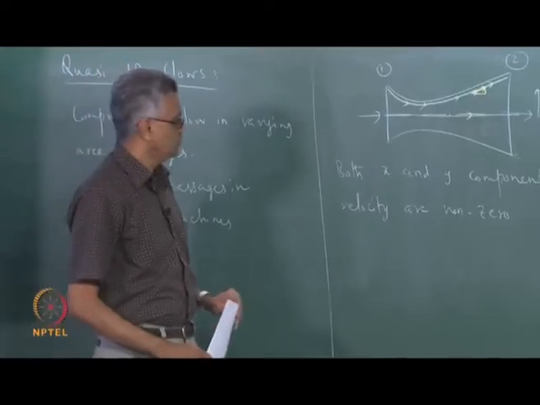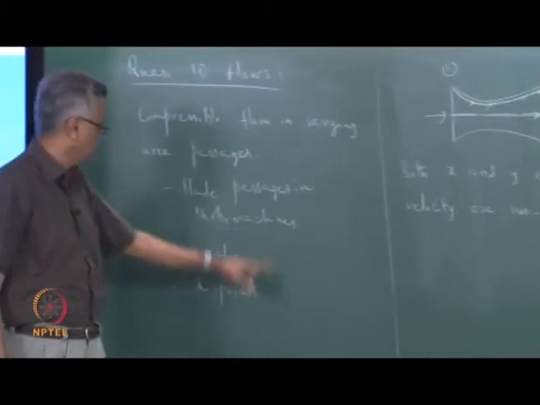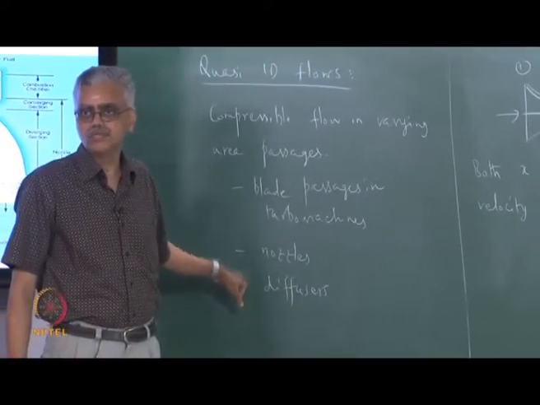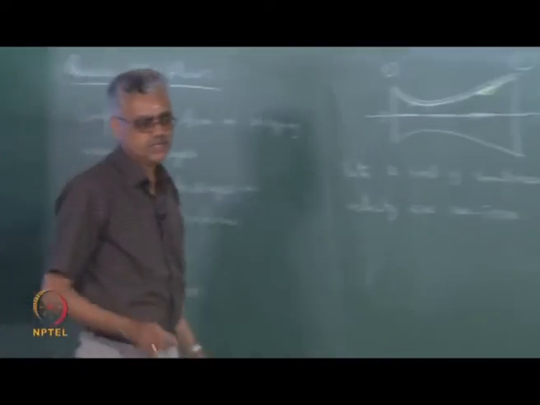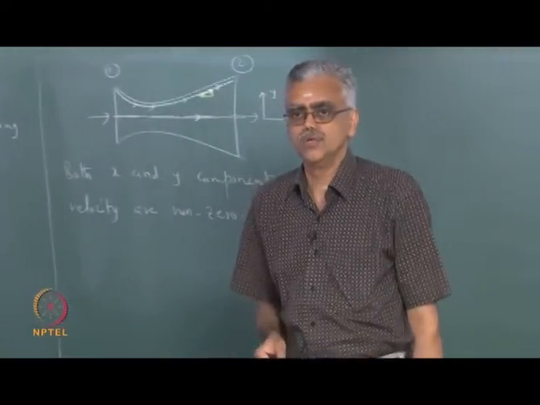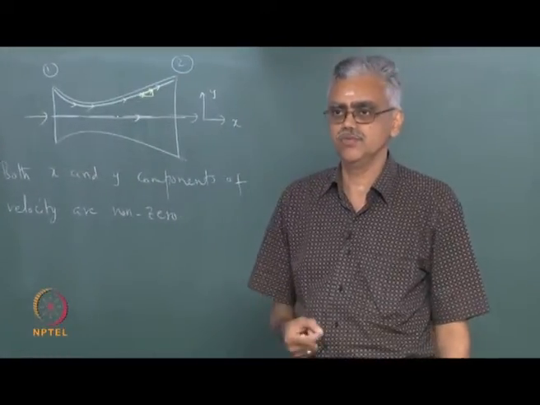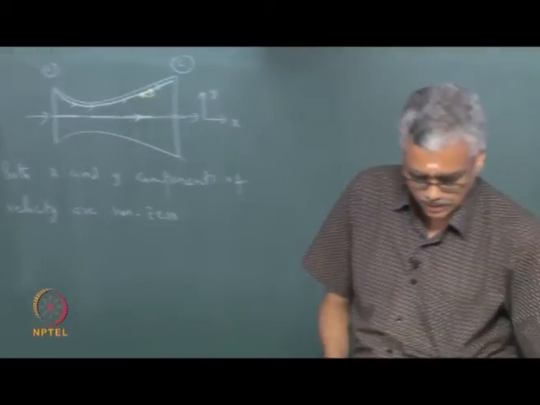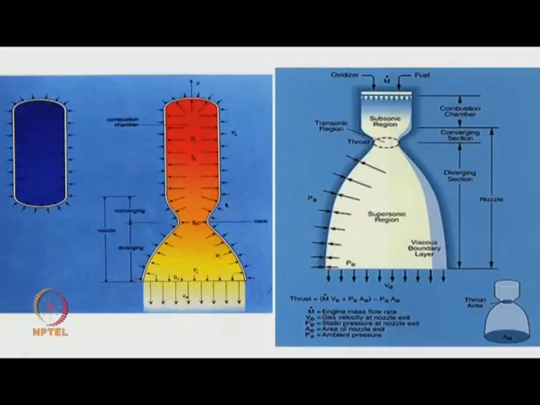But it so happens that in many of these applications that we talked about, the actual physical situation is somewhat favorable for us to make an assumption about the nature of the flow. So, one such thing is shown here. Here I have shown a convergent divergent nozzle that is typically used in a rocket engine, as you can see from here.